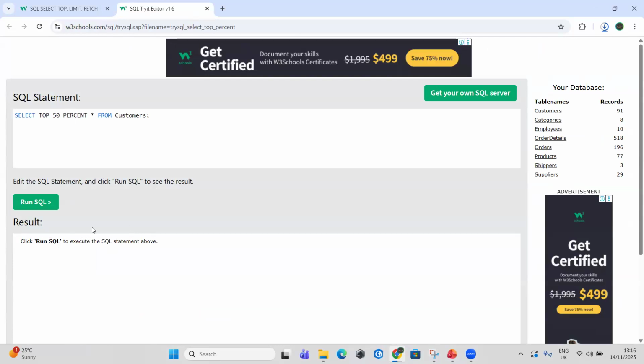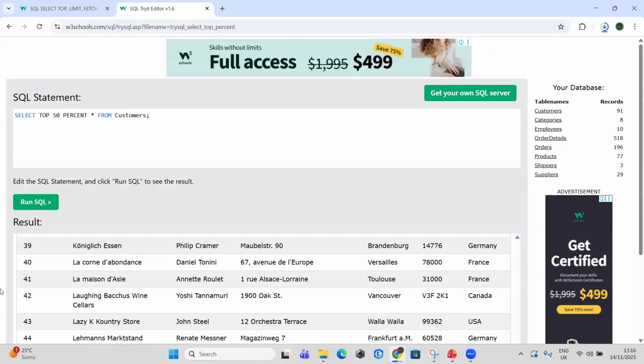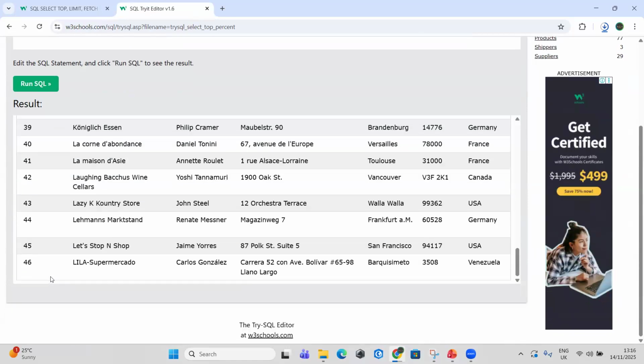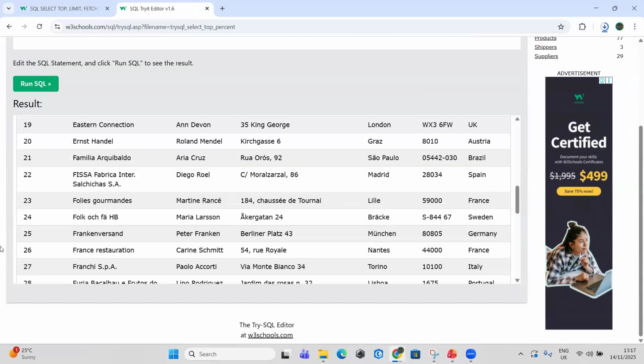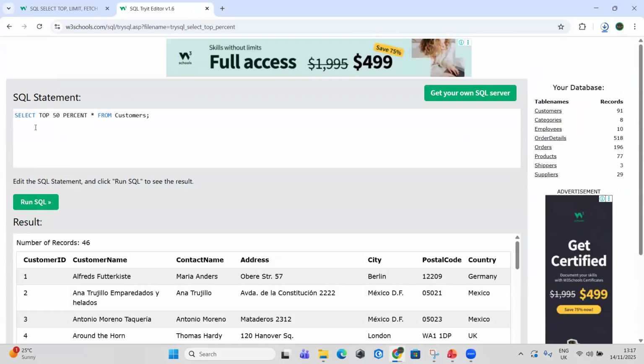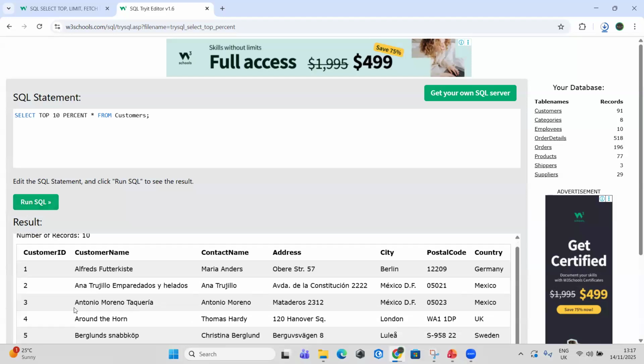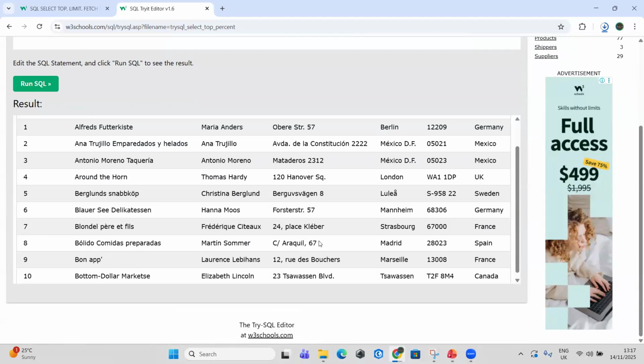I don't know the number of entries in this one. I think it is 90, maybe 92. Now it has given me the 50%. It is very handy, for example, if you just want to see the top 10%.